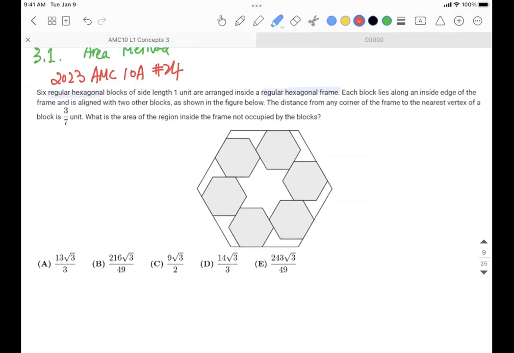You have a big regular hexagon frame and six little pieces inserted in the middle. Each block lies along the inside edge of the frame and is aligned with the other two blocks as shown in the figure. You see they're very tight, right? Squeezed very tight one after another. The distance from any corner of the frame to the nearest vertex of a block is 3/7 unit. I think this is important. It means what?